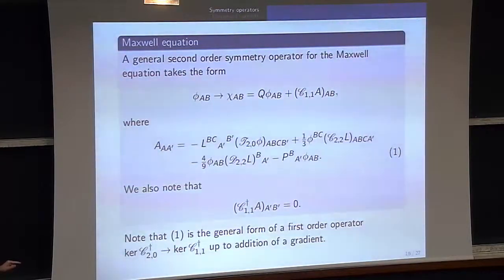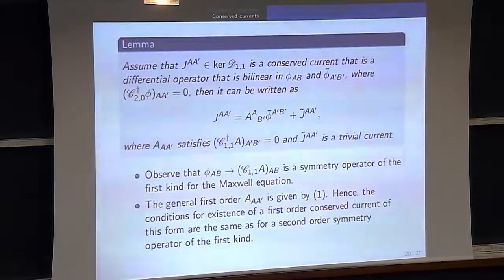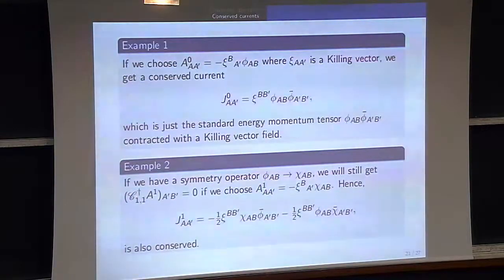The point here is that this A in the symmetry operators really matches the A we have in the current here. And we actually had this general form of a first order A which satisfies this. So there is the link between symmetry operators of second order and currents of first order.